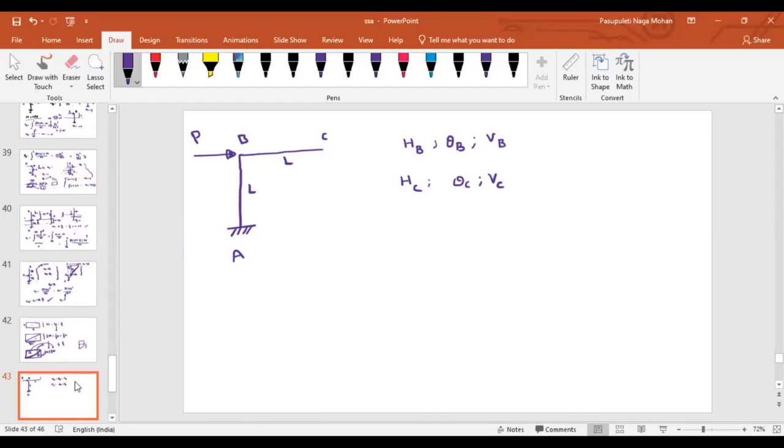Don't be in a hurry to solve this case. First of all, understand the mechanism, how the load will transfer, and then tell me how I can find these 6 values. If you look at this case, in BC, if an axial force exists, what is the axial force? If a shear force exists, what is the shear force?